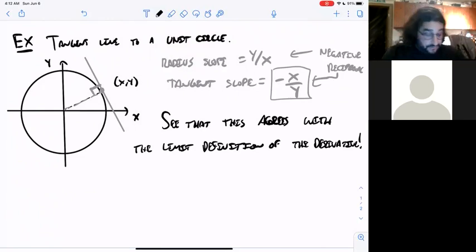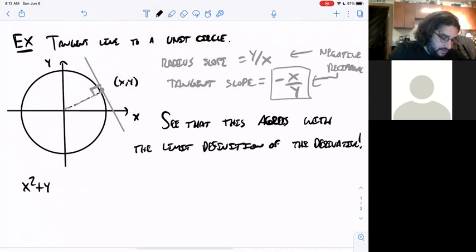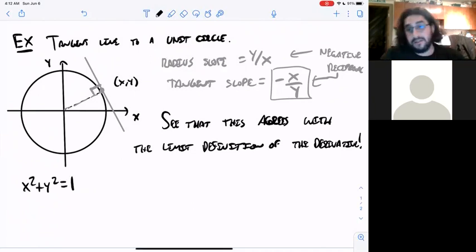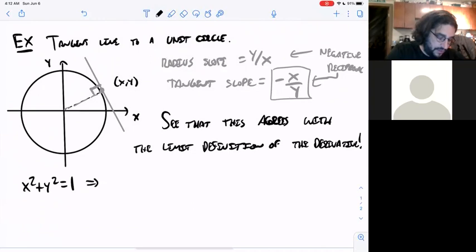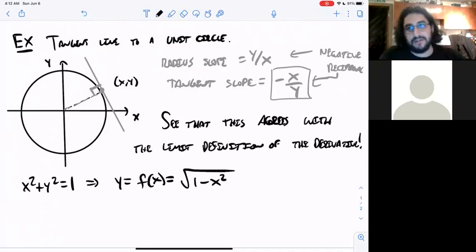Well, first thing I need to do, I'm going to say what the equation of the circle is. It's a unit circle, so x squared plus y squared equals 1. And I'm going to solve that for y because I need to think of it as a function, f of x. So just use algebra to solve for y. Subtract over the x squared, take the square root.